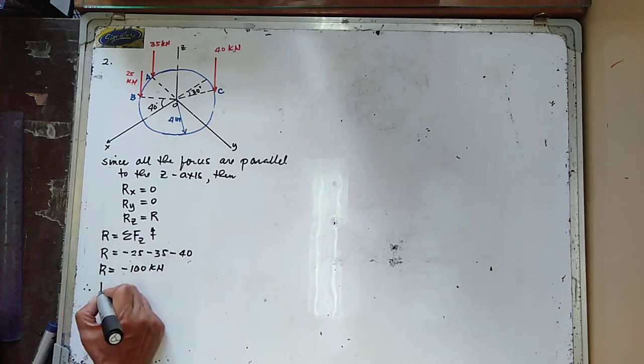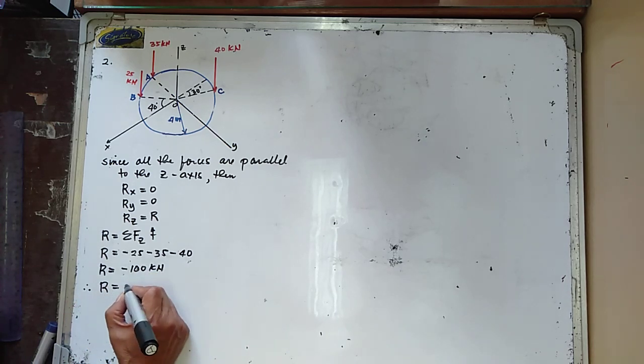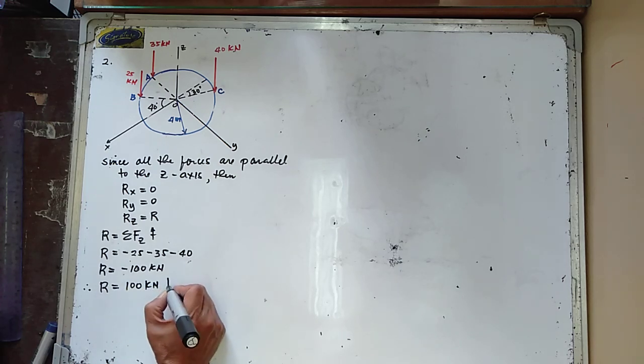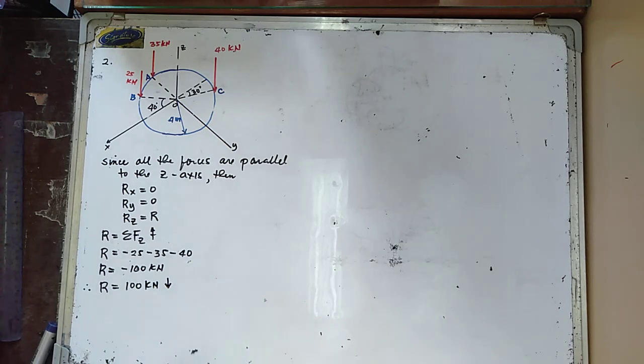And therefore, the resultant R is equal to 100 kilonewtons, that is down in the direction of the z-axis.